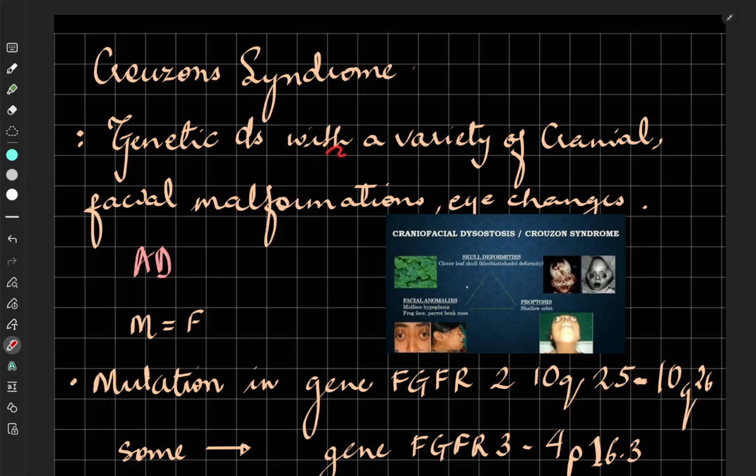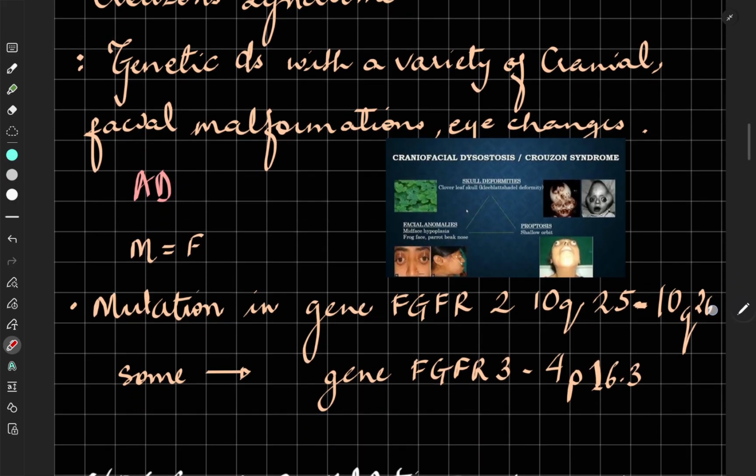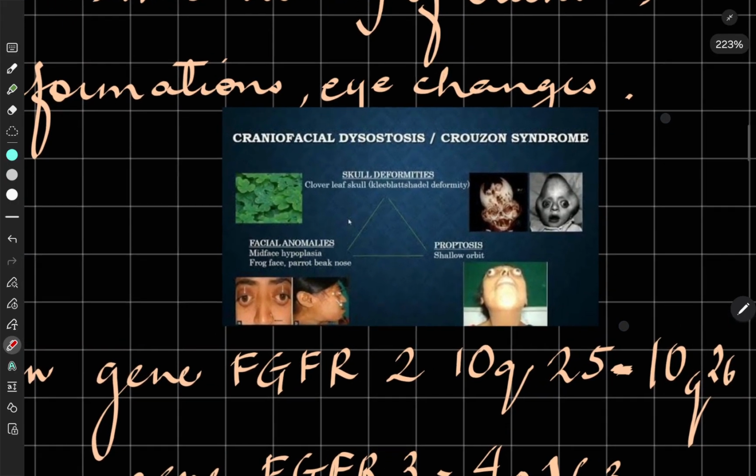It's a genetic disease with a variety of cranial and facial malformations and eye changes. So it is a triad: cranial and facial malformation as well as eye changes. It is an autosomal dominant trait and it has no gender predilection; male and female are equally affected.